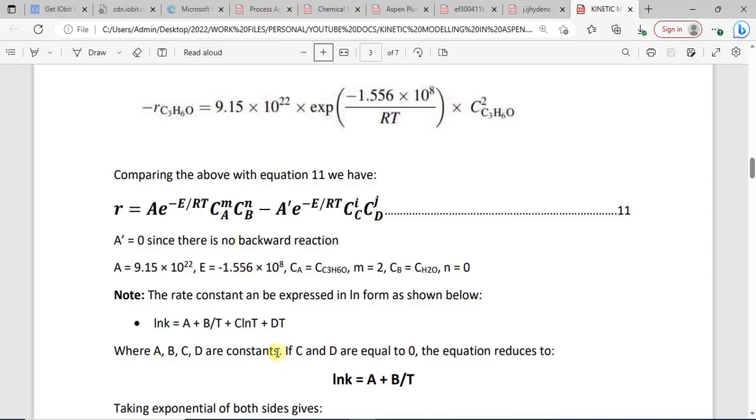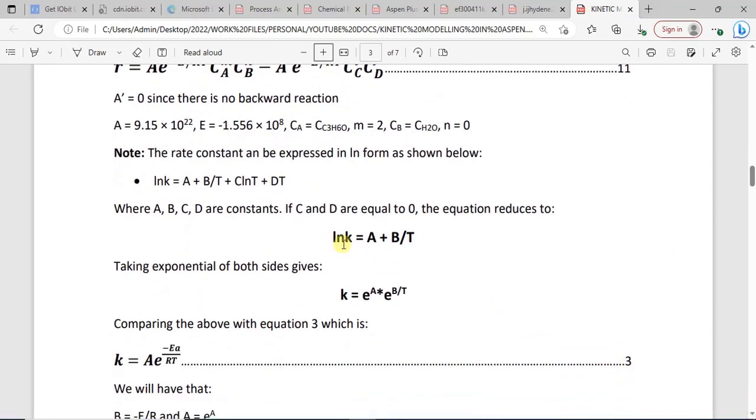Now, in most cases, c and d are equal to 0. So if c and d are 0, the equation reduces to ln k is equal to a plus b over T.